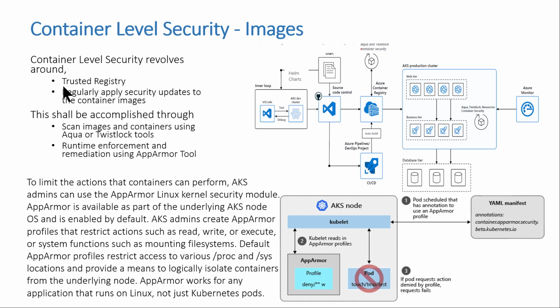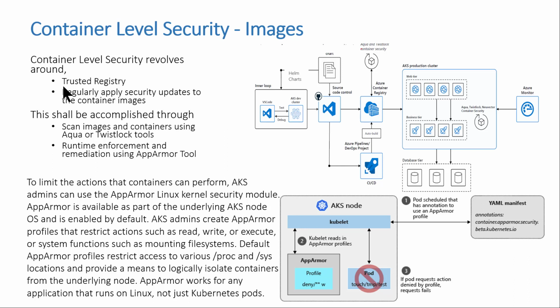into your AKS strategy. Now, runtime enforcement and remediation. As I mentioned, because these pods and these containers, or honestly speaking, this piece of software, are all accessing the shared kernel, it is important to make sure that you control that runtime process. You have this tool called AppArmor, which is not purely a Kubernetes tool.